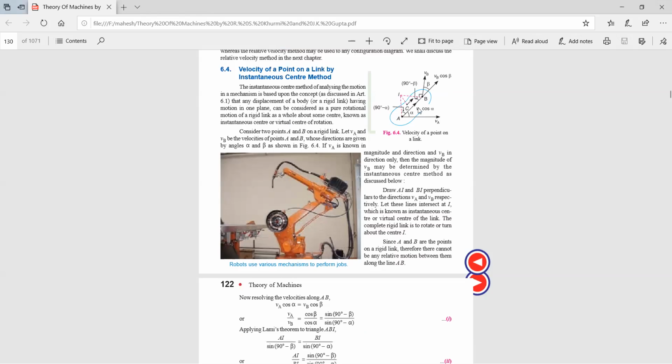I'll just draw it once again. So this is my AB link. I'll name this A, and this will be my B.